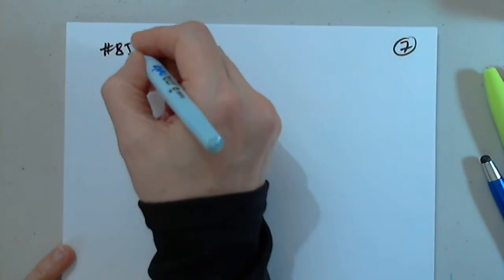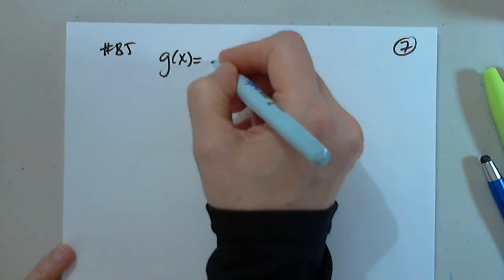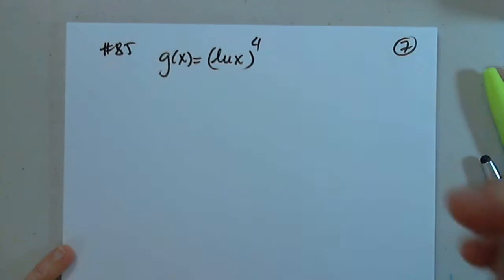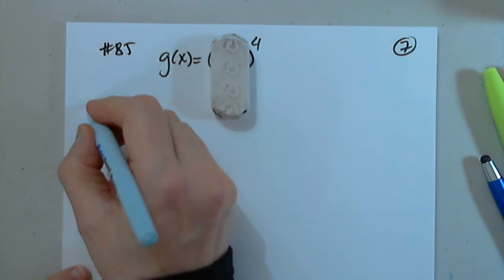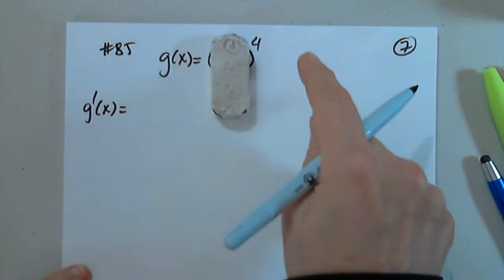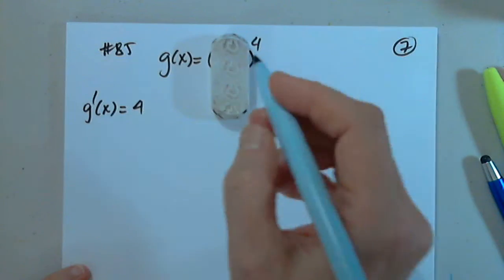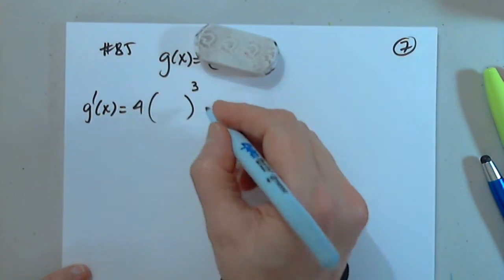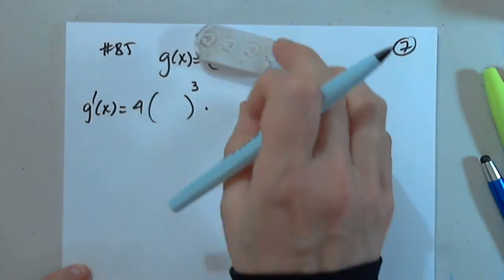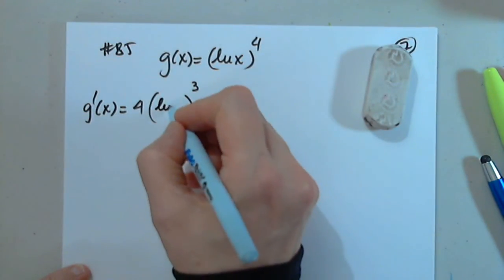Okay, so you said 85, so we have g of x equals natural log x raised to the 4th power. When we differentiate, always remember we start from the outer. So g prime of x is 4 whatever to the third times the inner function prime. So I have natural log x.